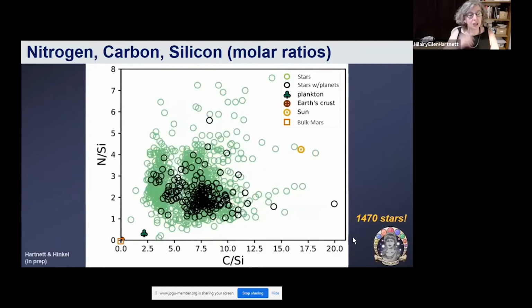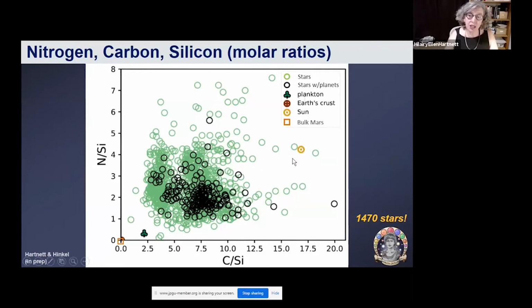So here's the data plotted as nitrogen-silicon ratio and carbon-silicon ratio. And there are 1,470 stars in the Hypatia catalog that I can do this calculation for. And you see that there's quite a general spread of data with a large group here in the middle. Our sun is way over here on the right-hand side of this plot. These are molar ratios.